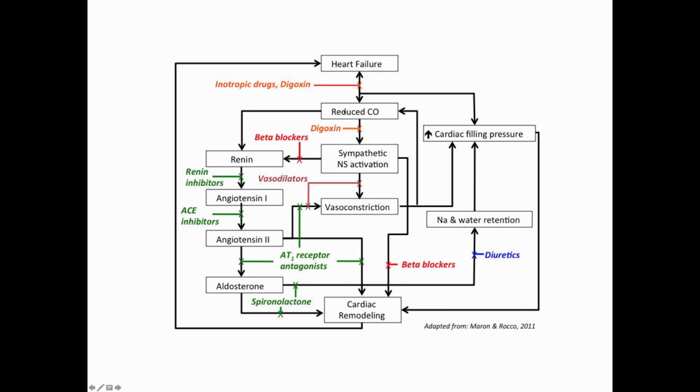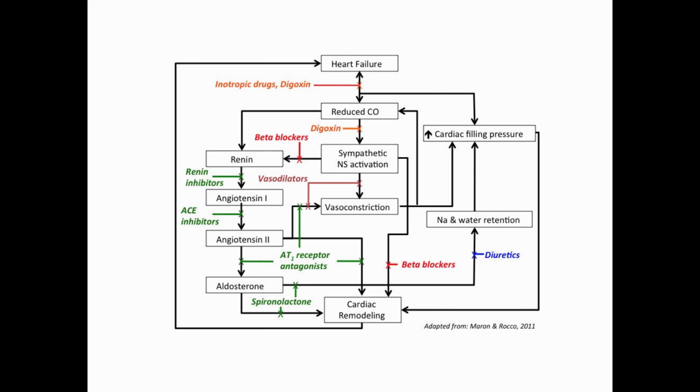When that reduced cardiac output happens, it causes renin to be excreted, and renin stimulates this whole process here, where the angiotensin 1 gets converted to angiotensin 2, which stimulates aldosterone, which means that everybody holds on to sodium and water, and that produces more cardiac remodeling and vasoconstriction results, sodium and water retention, as I mentioned, this sympathetic nervous system activation, and this whole downward spiral happens where it begets more heart failure.